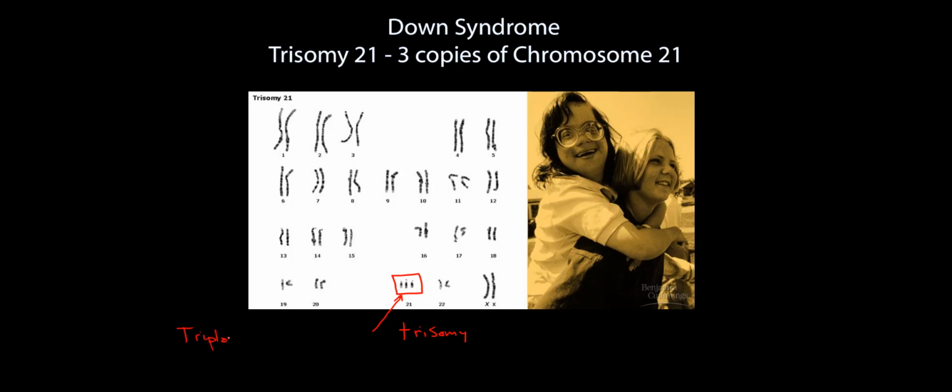Triploid is when every chromosome has a third copy. There are some instances where this might be normal. A lot of plants are polyploid, so a plant species might have a whole extra set of chromosomes, and that would be a triploid. Of course, in humans, this is not a viable genetic combination.